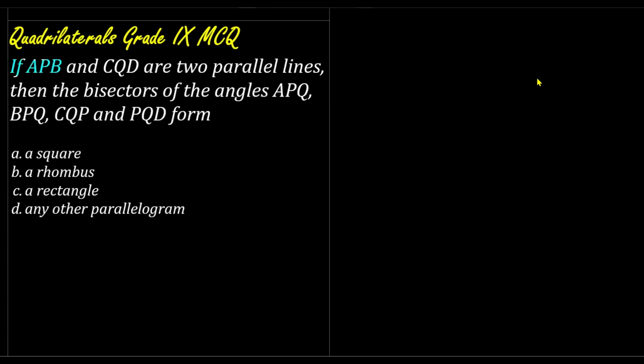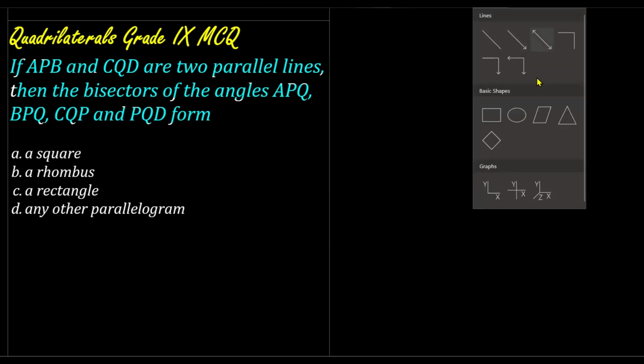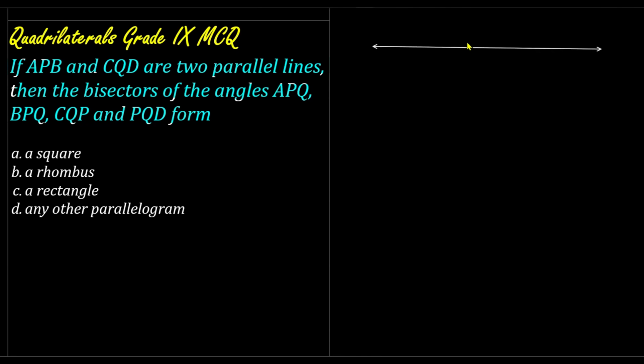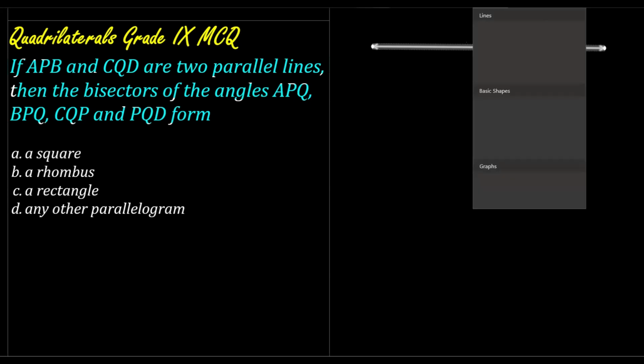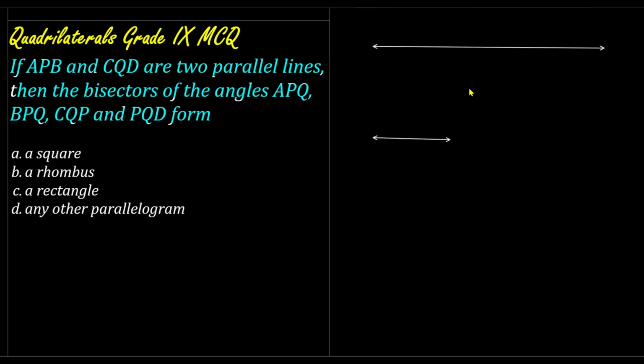In the second question, it says APB and CQD are two parallel lines. Then the bisectors of the angles APQ, BPQ, CQP, and PQD. So that means we can figure this out only when we draw parallel lines. So I made this one parallel line and one line, and this is the parallel.